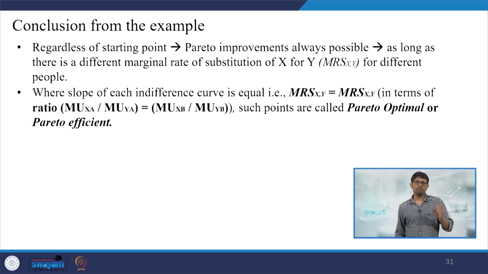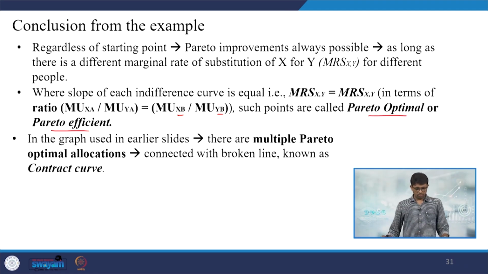Where the slope of each indifference curve is equal, that is the marginal rate of substitution between x and y is equal in terms of ratio, MUx A over MUy A and MUx B over MUy B, such points are called Pareto optimal or Pareto efficient.